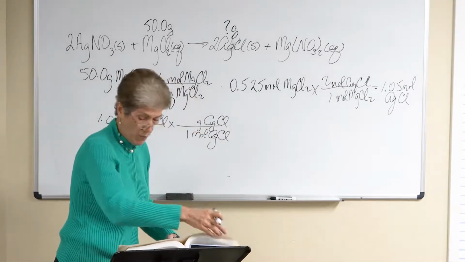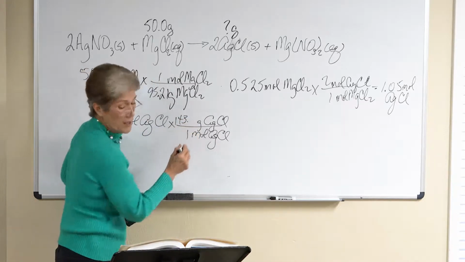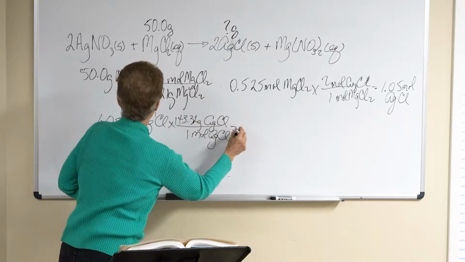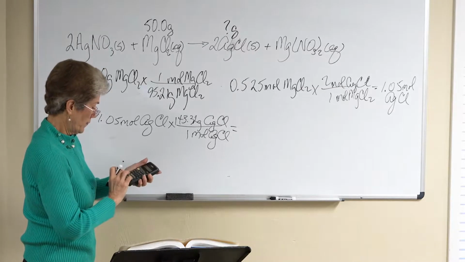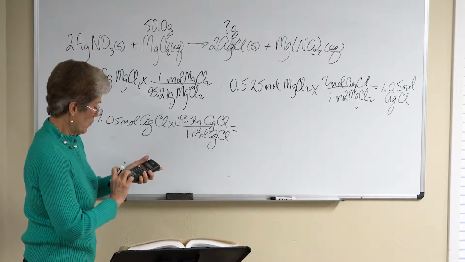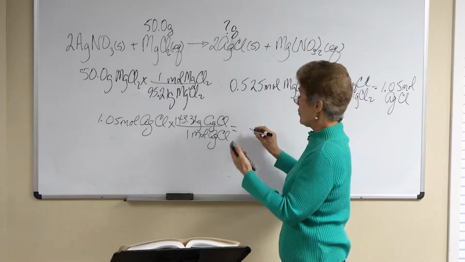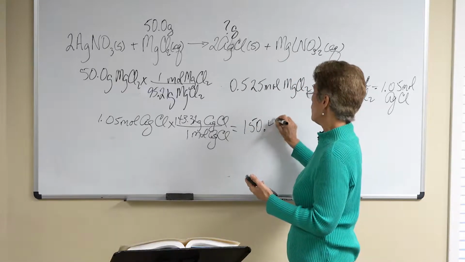Silver is 107.87, so that's going to give you a molar mass of 143.32. So we have 1.05 times 143.32 equals, I want to show you what I get, 150.4.